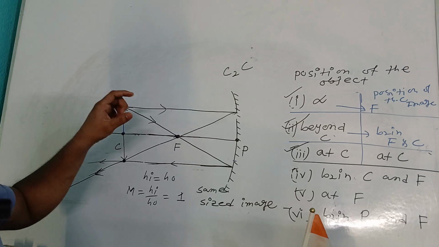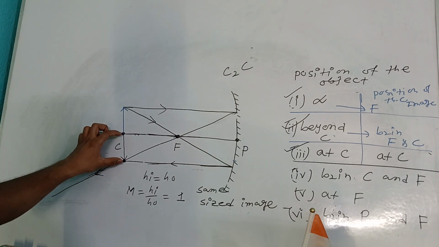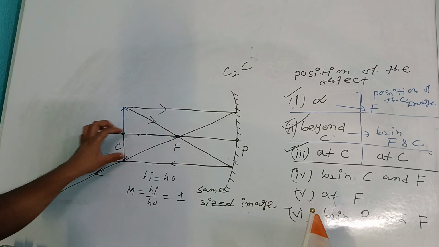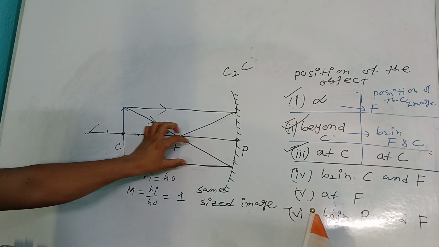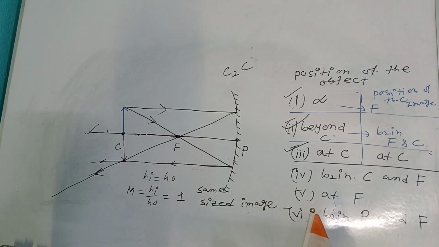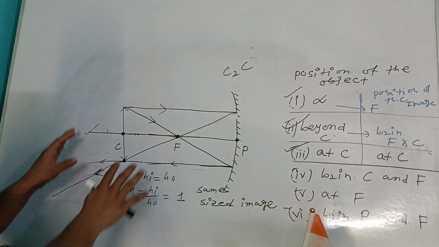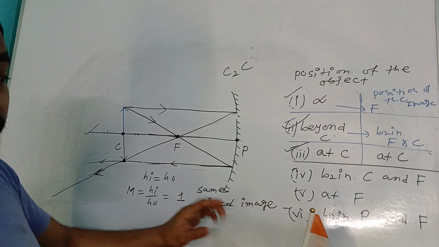If the object is at C, the image will form at C and be the same size. This is not exactly proper, here it is not exactly parallel. If you use a scale and pencil, you can draw a proper parallel, but the image will form at C. So magnification 1 and same size.